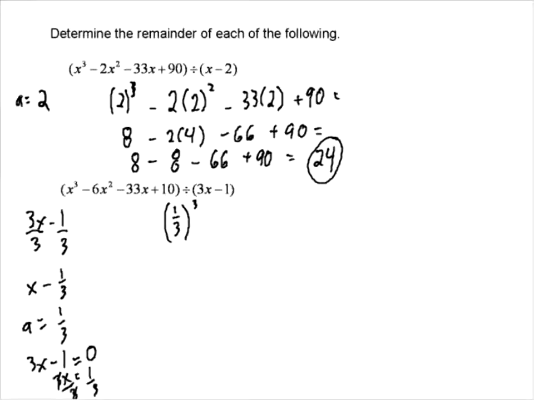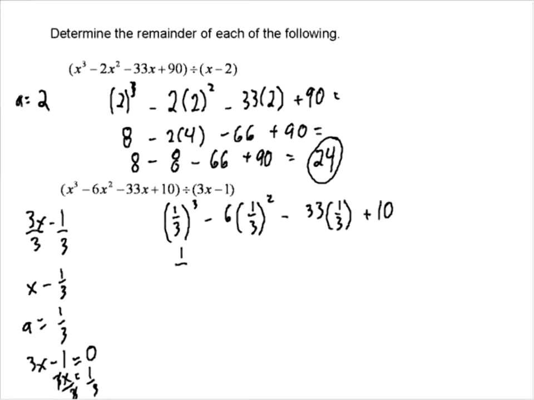And of course at this point we're terribly frightened because we have fractions, but we're going to make this really easy. So 1/3 cubed minus 6 times 1/3 squared minus 33 times 1/3 plus 10.